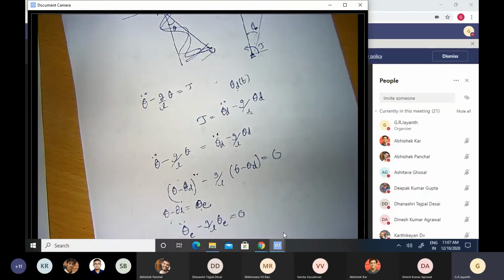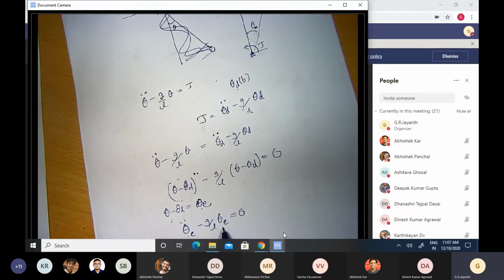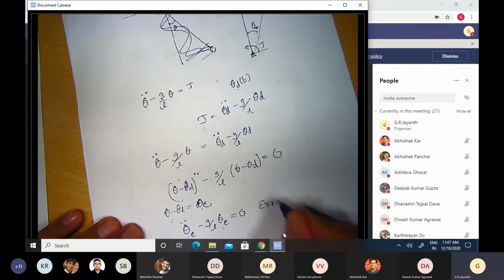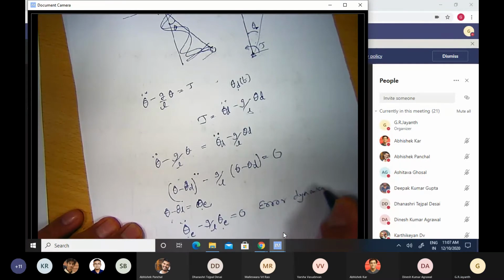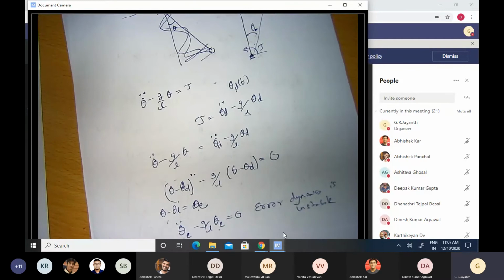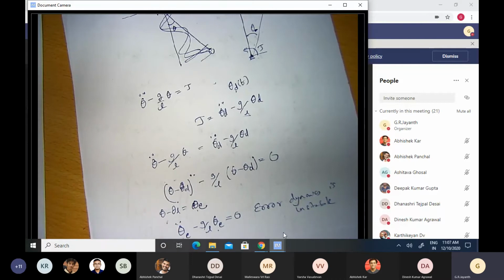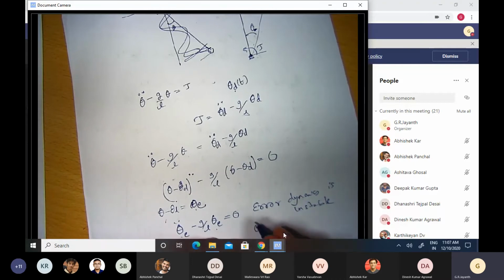Okay, and you see therefore that this system, the error dynamics, is also unstable. So if there is some initial error between where I want my pendulum to be located and where it is actually located, that error will only grow with time, because the solution to this differential equation has a term of the kind e to the power plus root g by L times t.